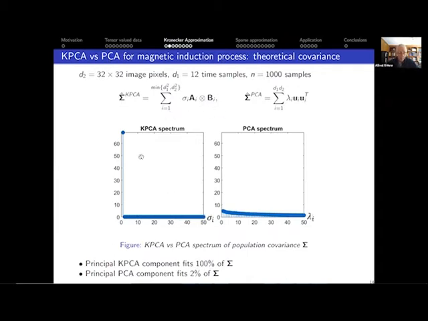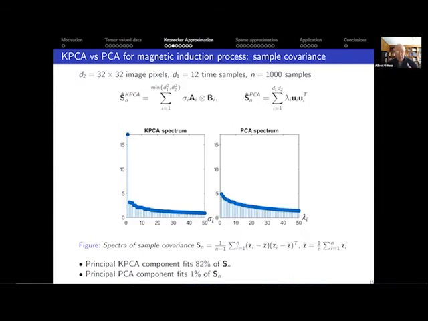So the principal component of KPCA fits 100% of the covariance, whereas the principal component of PCA fits only 2%. If you add noise, then KPCA drops in terms of fitting with a single component, because there's sampling variation in your covariance. So you only get 82% in the first component with some drop off in the higher order components, but the principal PCA component still only fits a very small percentage, only 1%.